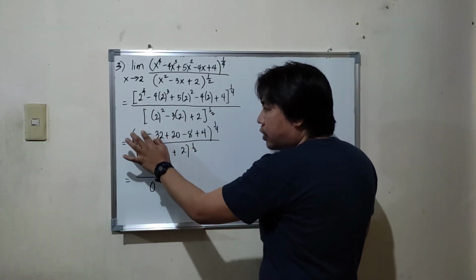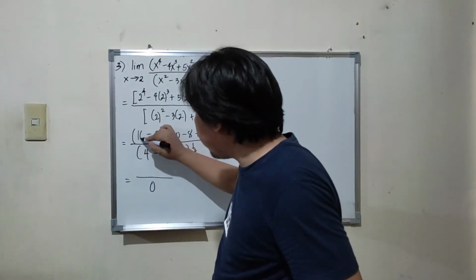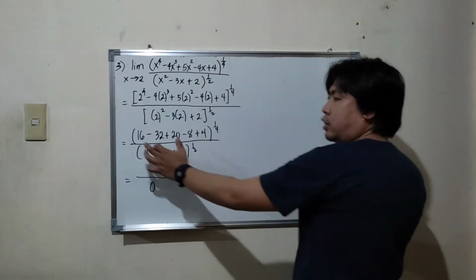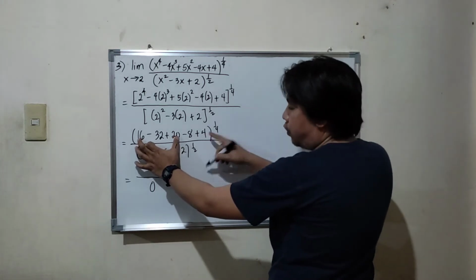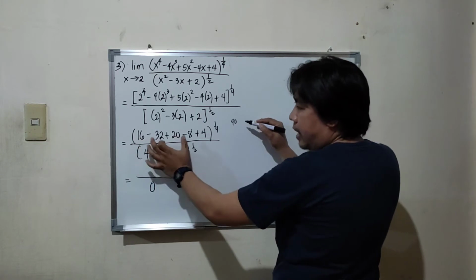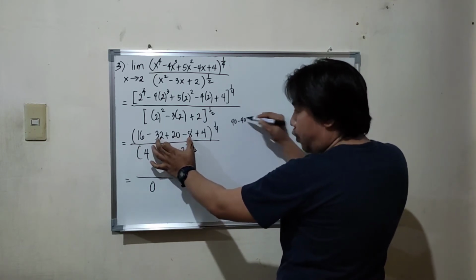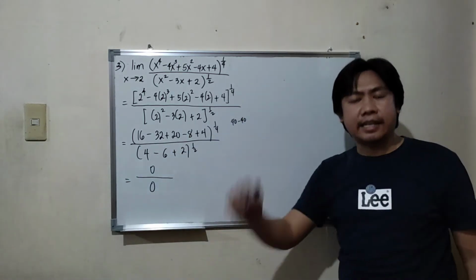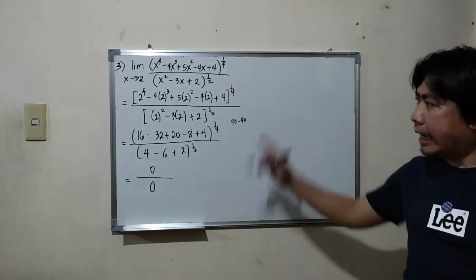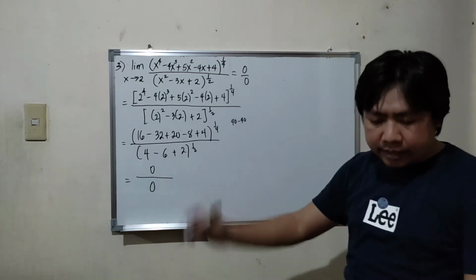So 2 to the fourth, that is equal to 4 na 4, so that is 4 na factors of 4, that is 16. So when we combine, 16 plus 20 is 36 plus 4, so that is 40. The negative, we have negative 32 minus 8, so that is negative 40. So we have 0 raised to 1/4, so it's still 0. So again, it's indeterminate. So this is equal to 0 over 0, indeterminate.